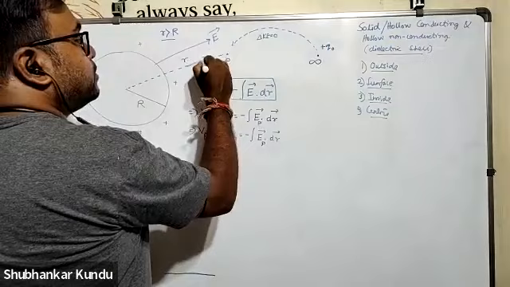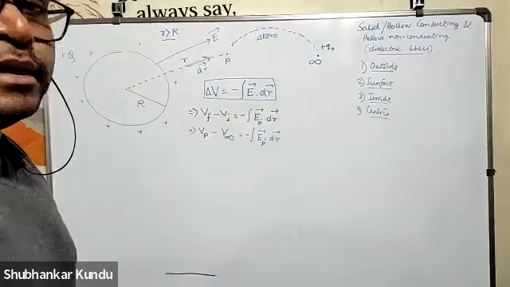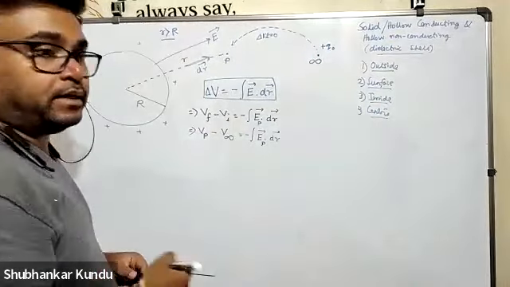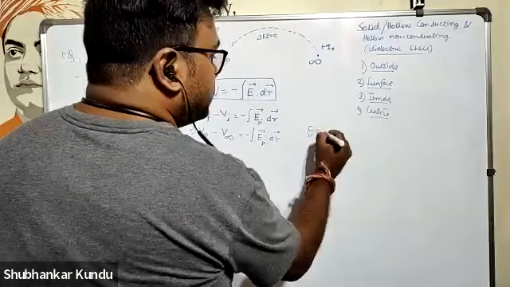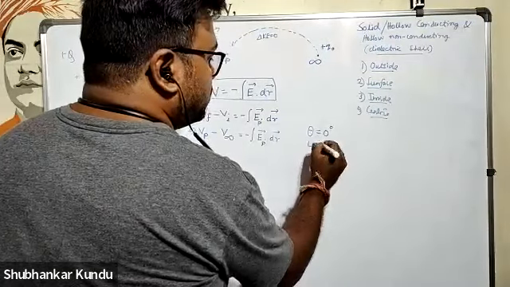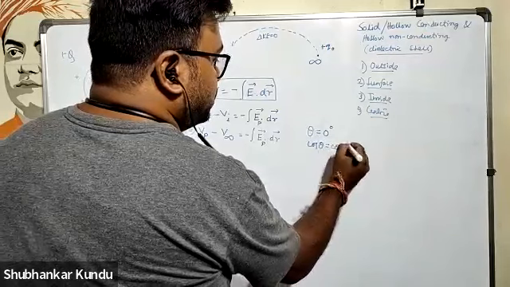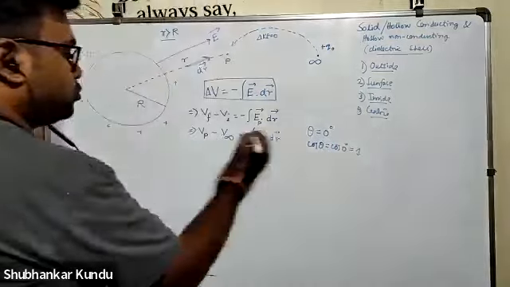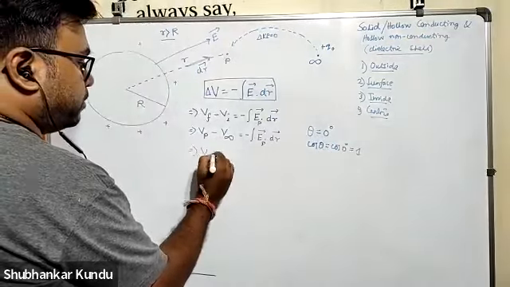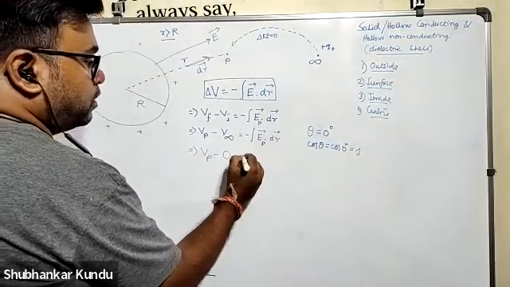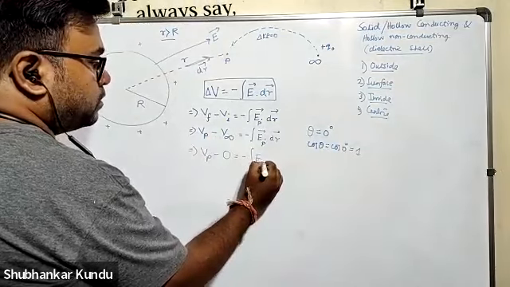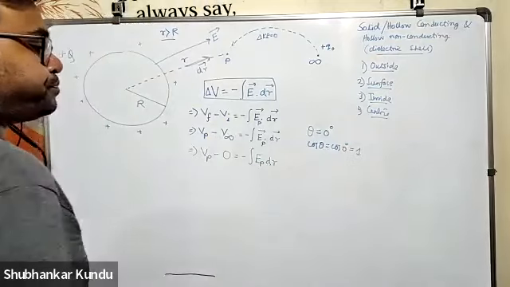So E and dr are directed in the same way. Theta is equal to 0 degrees, so cos 0° = +1. So Vp - V infinity = 0 - ∫E dr only.